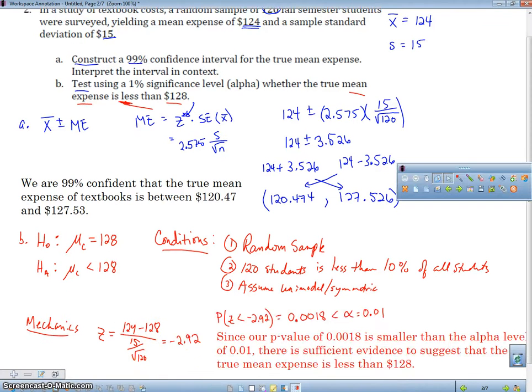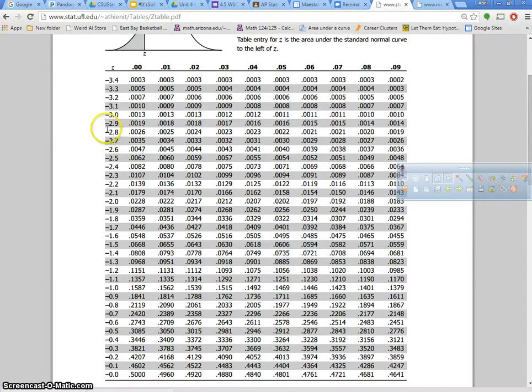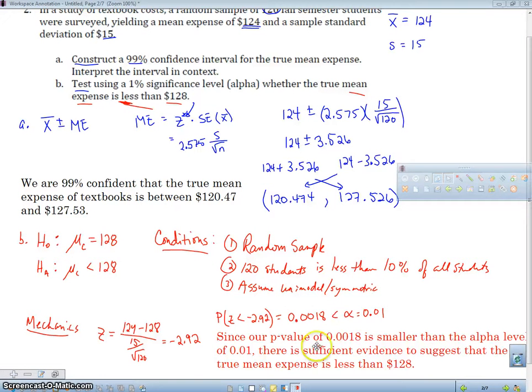And that'll be our z-score. So we're going to get negative 2.92. So we want the probability that z is below negative 2.92. So we're going to go to our z table. Negative 2.92 is right here, which is 0.0018. So 0.0018 is definitely less than our alpha level. So since our p-value is less than our alpha level, there is sufficient evidence to suggest that the true mean is less than 128. We're going to reject the null hypothesis. Okay? So this is the end of part 1, and I'll start the other ones on the next video.